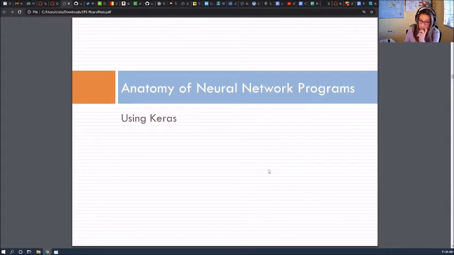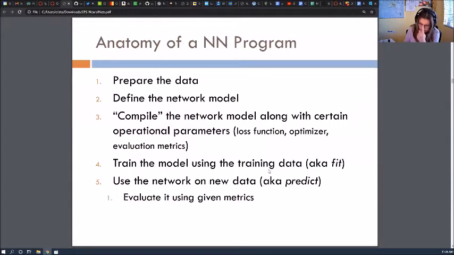Using Keras, the anatomy of a neural network program is very different. The way that you program these networks is not the same as writing a traditional program, where your goal is to write the logic. Here, it's not to write logic because we don't know what the logic is.